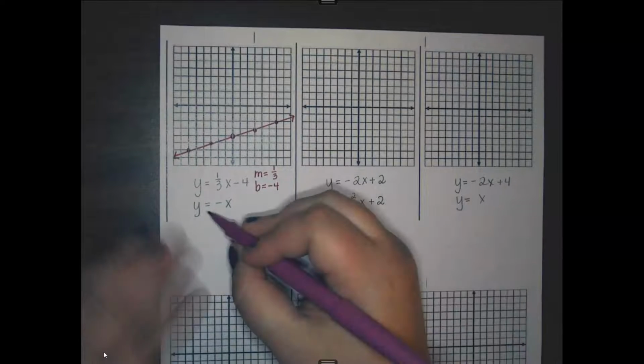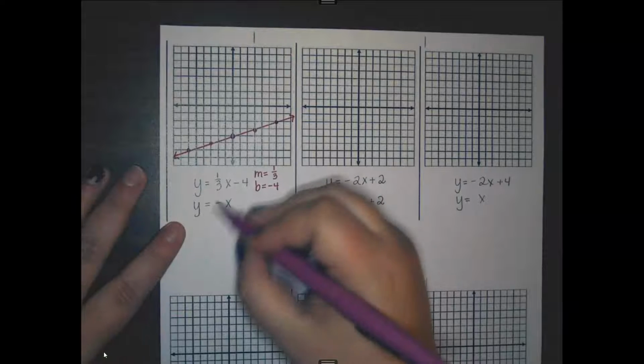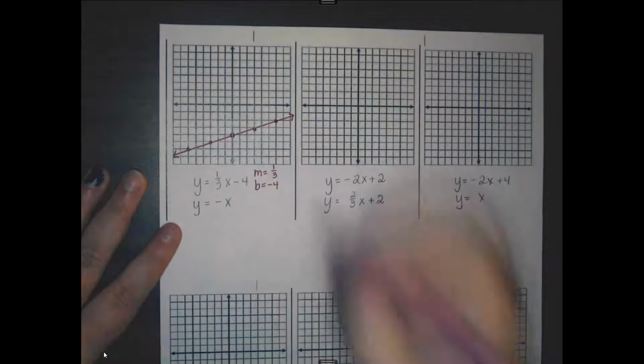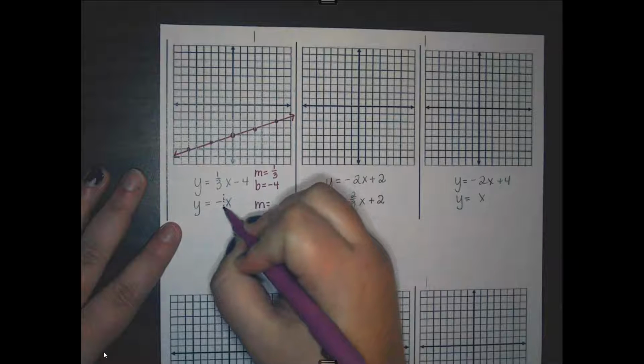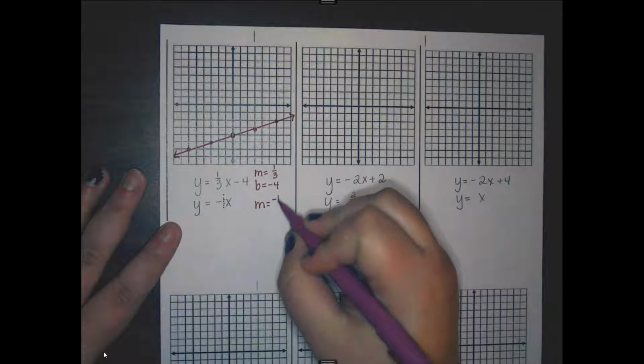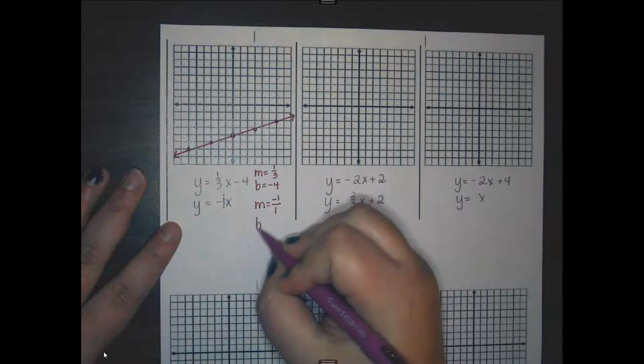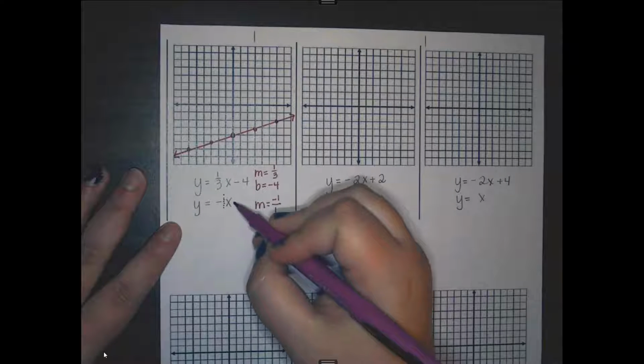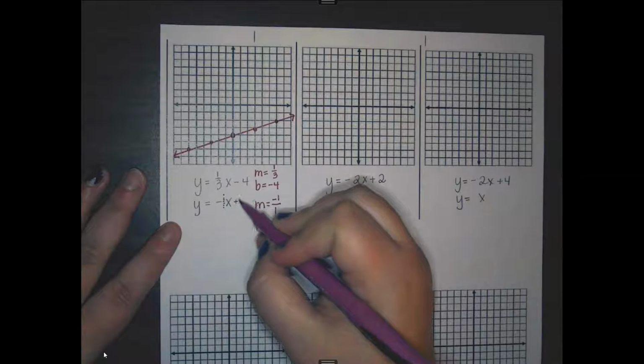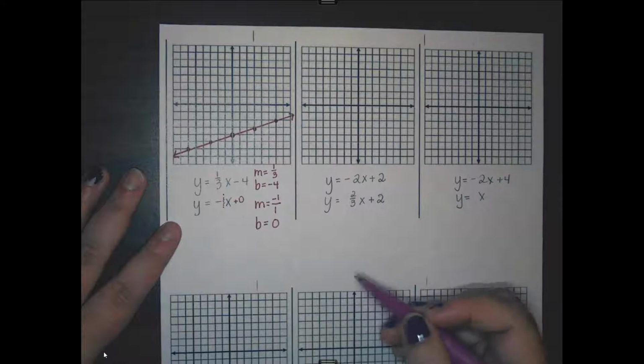And then let's look at the second one. I put this one on purpose because I still have people messing this one up. My slope, remember, there's an imaginary 1 right there, so my slope is -1, but I'm going to stick it over 1, so I have a rise and a run. My y-intercept, remember there's an imaginary +0, so 0.